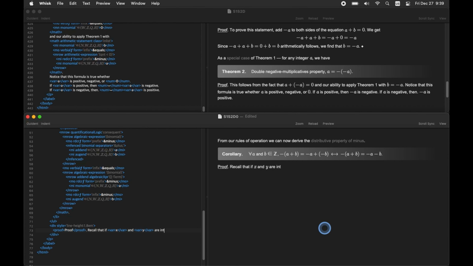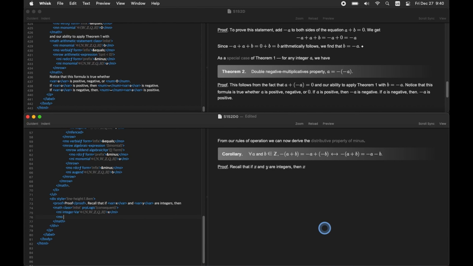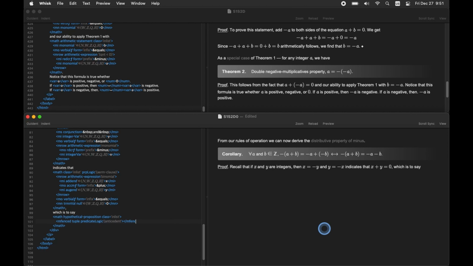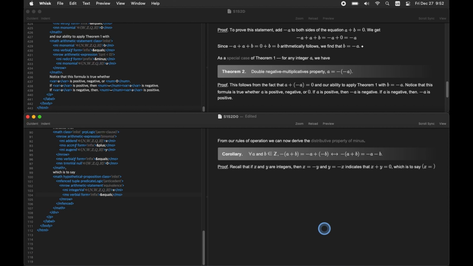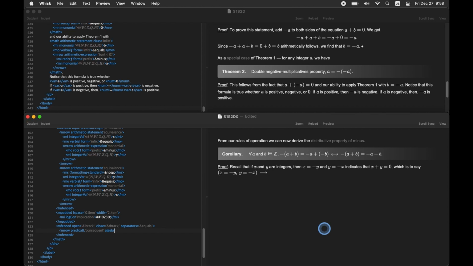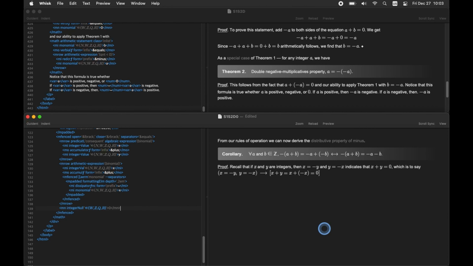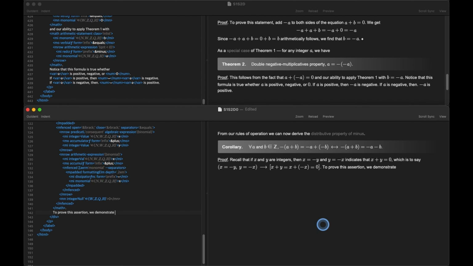Per Theorem 1, if x and y are integers, then x equals minus y and y equals minus x implies that x plus y equals 0, which is to say, symbolically, x equals minus y and y equals minus x implies that x plus y equals x plus quantity minus x, which equals 0.